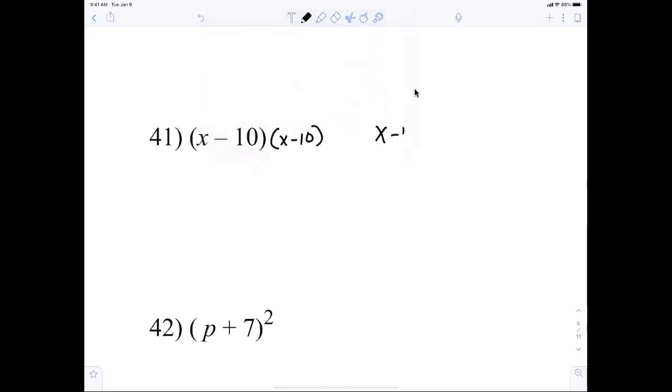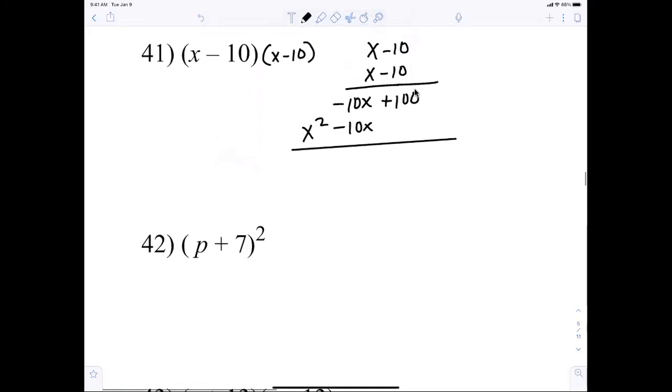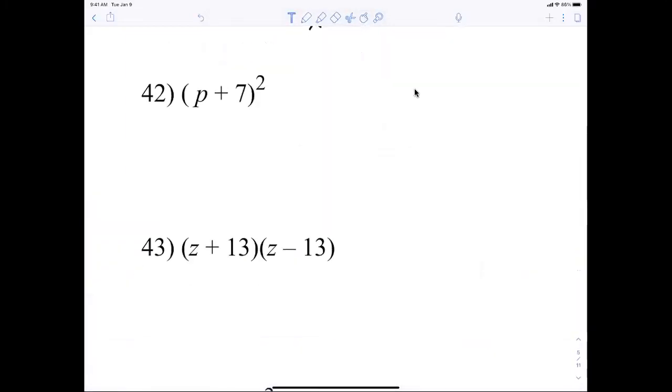All right, so here we go: positive 100, positive 100, negative 10x, negative 10x, x squared. x squared minus 20x plus 100. Same thing here, just change that and rewrite it as p plus 7 times p plus 7.